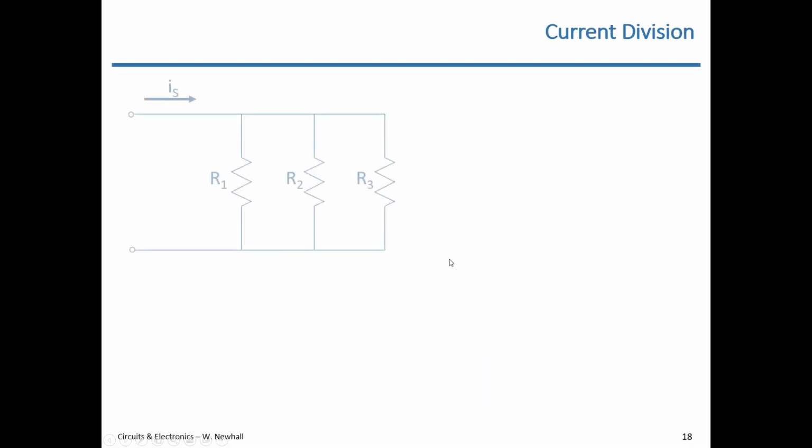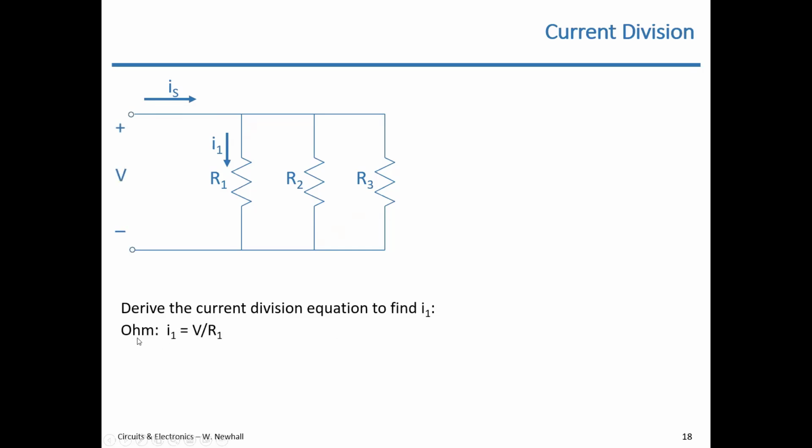Current division describes how, in this case, IS would split up among these resistors. You could derive the current division equation to find I1. For example, we could say, I know the voltage across the parallel set, and I1 would equal V over R1. And then V is equal to IS times REQ.